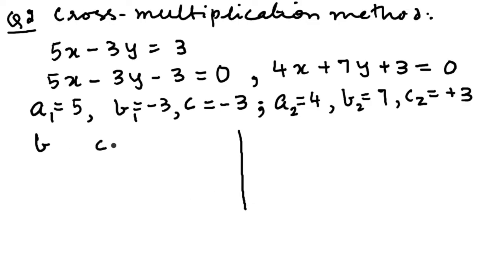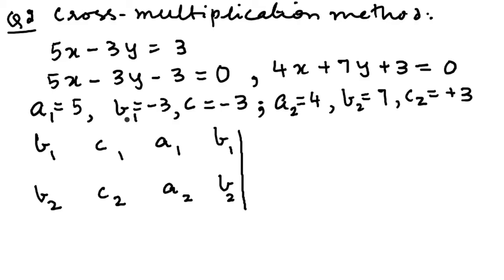Now we have to write b, c, a, b values for the first equation, and b, c, a, b values for the second. You must remember this order by heart, and the same order I'm going to write here this side.